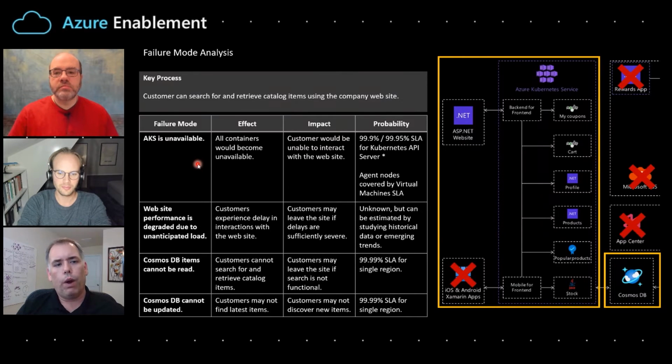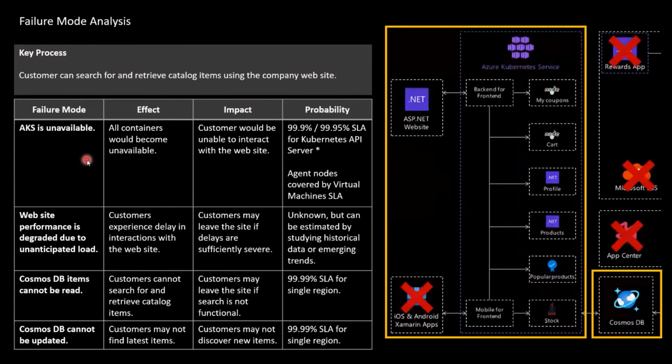The second way that things can fail is a little less defined, but nonetheless important. And that's the idea that your website performance may degrade due to fluctuations in load. So it could be a holiday season. It could be anything. When this happens, it isn't so much that your customers can't interact with your website, but there's a delay.